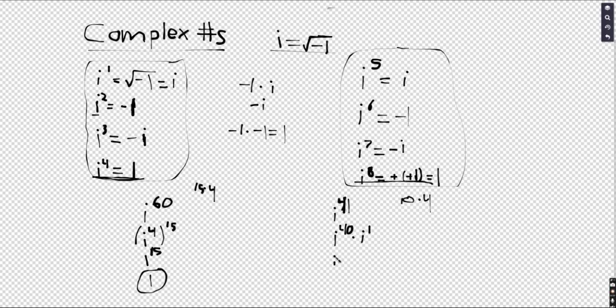So we can rewrite this as i to the 4th, which we know is 1, to the power of 10, times i, okay? So then here, 1 to the 10th power, 1 to anything is 1, times i. And anything times 1 is the thing, right? So 1 times i is i. So we just found that i to the 41st power is i.